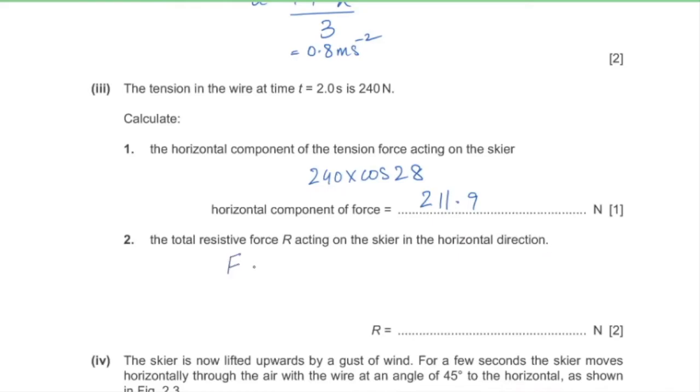So resultant force is equal to mass into acceleration, where resultant force is the difference between the horizontal component of force, acting towards the right, and the resistive force, acting towards the left. So 211.9 minus R equals the mass of the skier, 89, and at time t equals 2 seconds, the acceleration was 0.8, and this is how you get the value of R as 140.7 newtons.